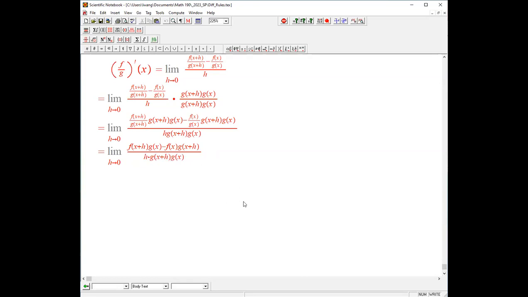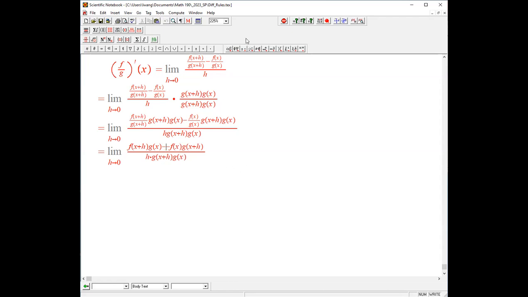And what do we do? Once again, adding 0. We're going to add and subtract the same number, applying principle number 2: anything added to 0 stays the same.